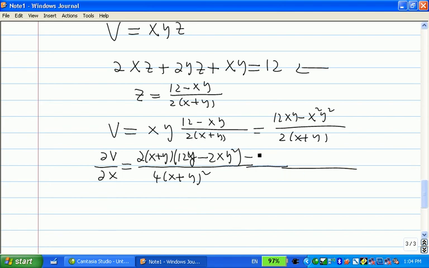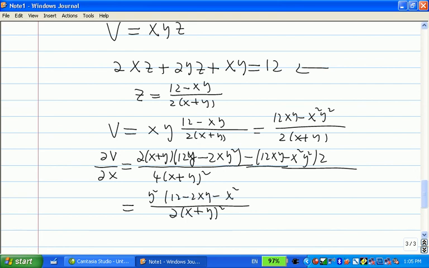Then minus, fix your numerator, take the derivative of your denominator, which gives you 2, treating y as a constant. To simplify that, you got this. I'm not going to do that. It gives you y squared times (12 minus 2xy minus x squared).